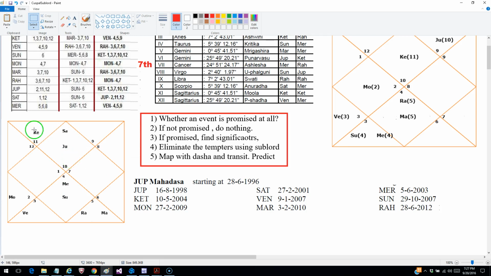This is a lagna chart, and you see that Saturn is strong, but Jupiter is debilitated, and the Lord of the 10th house, Venus, is not in a very positive house. It's not a horoscope where you can say that this is a very promising kind of chart just by looking at this particular chart.